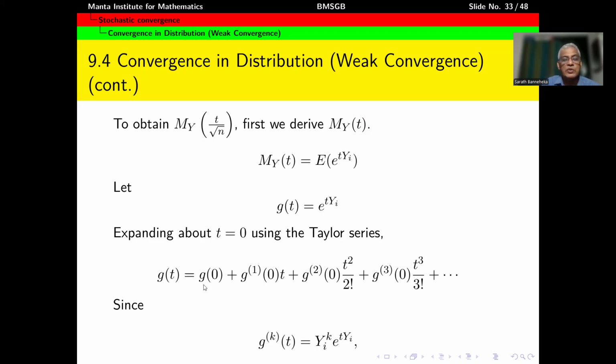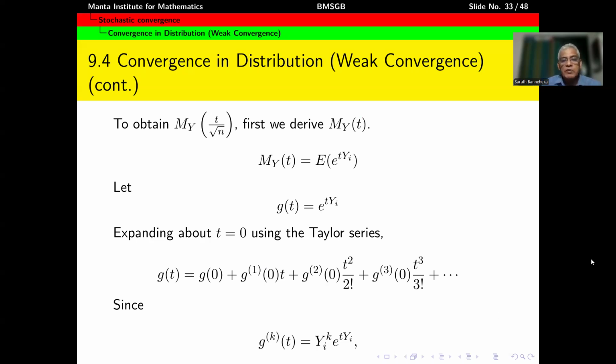g(t) is equal to g(0) plus the first derivative of g evaluated at 0 times t, and then the second derivative of g evaluated at 0, t square over factorial 2, and so on. This will be an infinite series.